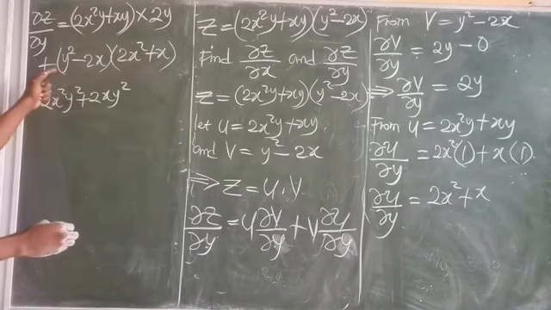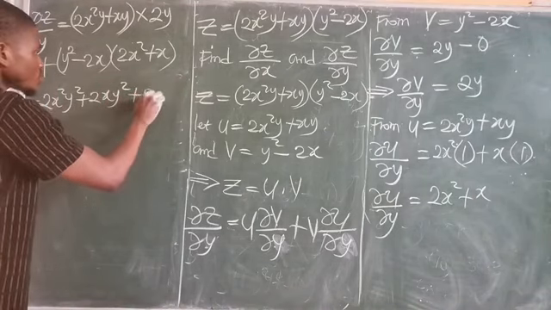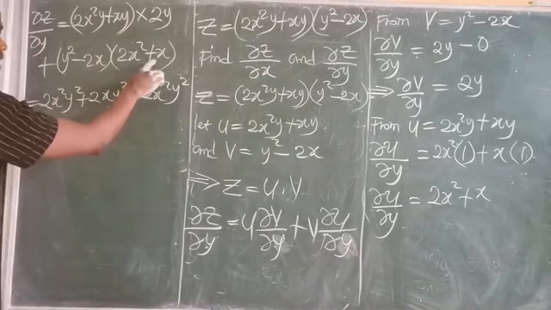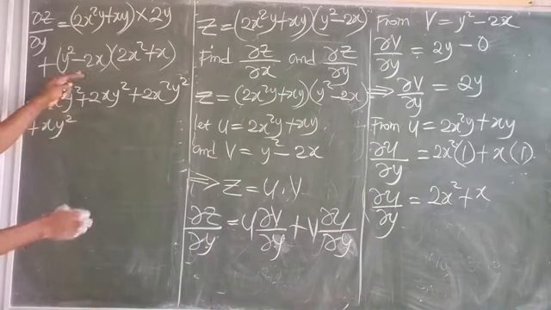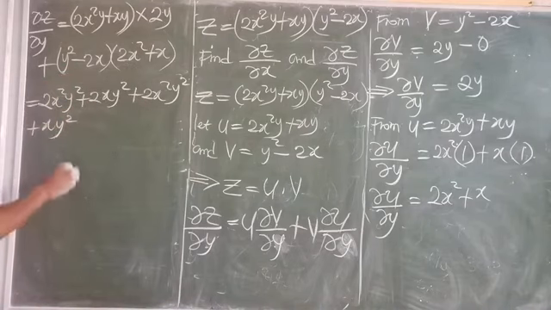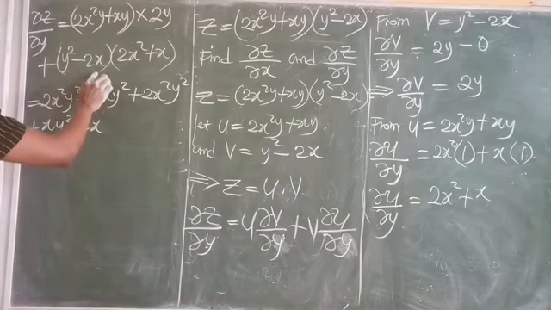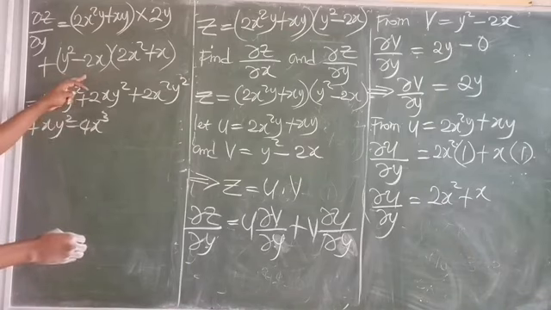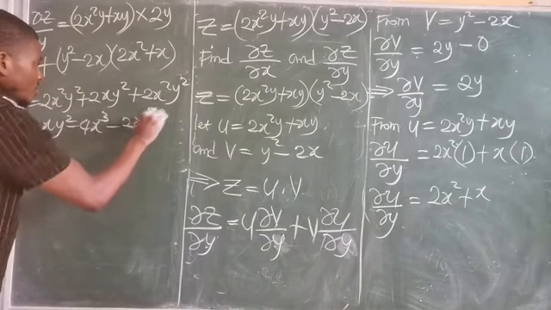Here too, same thing. y squared multiplied by 2x squared gives me plus 2x squared y squared. y squared multiplied by x gives me plus xy squared. Minus 2x multiplied by 2x gives me minus 4x squared. Minus 2x multiplied by 2x squared, that's minus 4x cubed. Minus 2x multiplied by x gives me minus 2x squared.